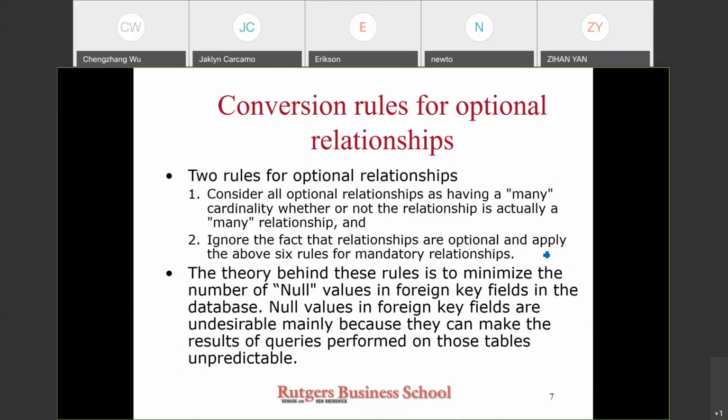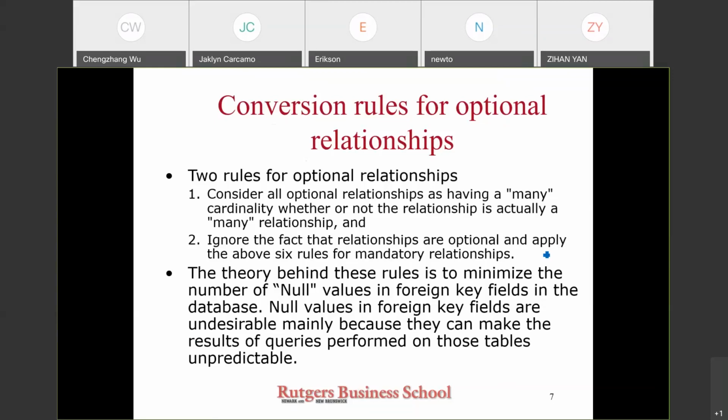So this is the conversion rules for mandatory relationships. And next, well, let's take a look at the rules for optional tables. Well, the rules are pretty much simple.